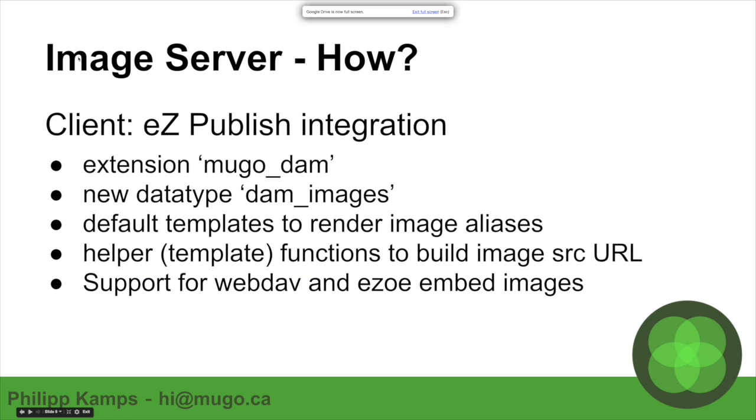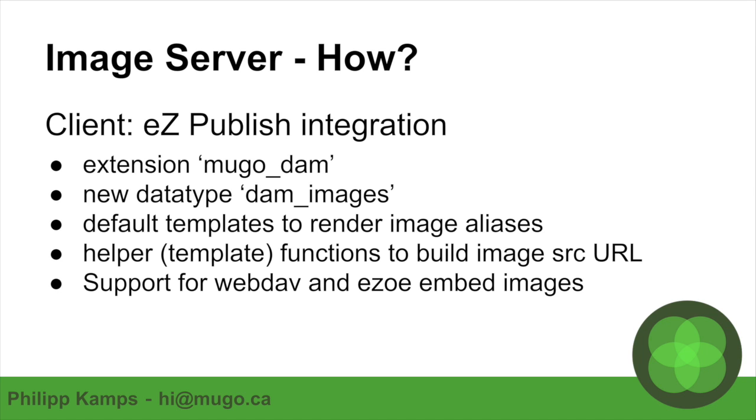On the client side, the Easy Publish integration, we created an Easy Publish extension, and that new extension contains a new data type. With this data type, we have, of course, templates to render an edit interface or the view interface, and also templates to configure the new data type when you're editing a content class.